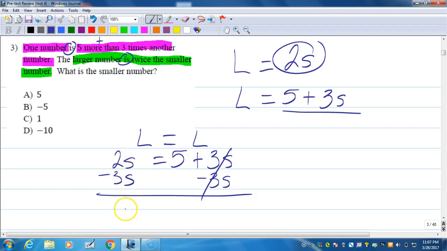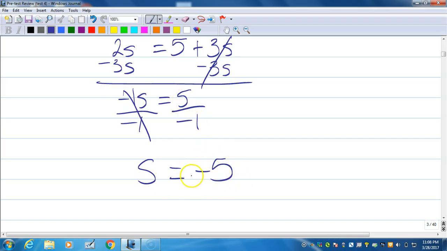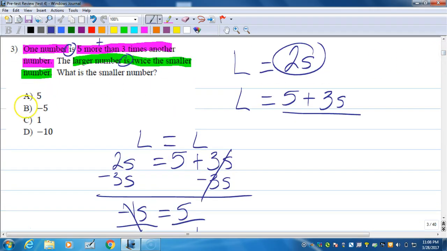So 2S minus 3S gives us negative 1S equal to 5. I don't want negative 1 here, so I'm going to divide by negative 1. And this will give me S is equal to 5 divided by negative 1, which is negative 5. My small number is negative 5. So in this question, the answer would be B.